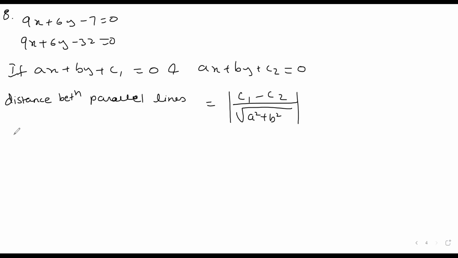So let P be the distance. That will be minus 7 minus of minus 32 upon under root 9 square plus 6 square.